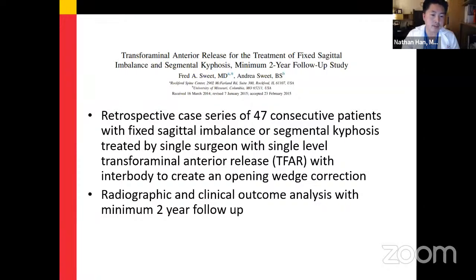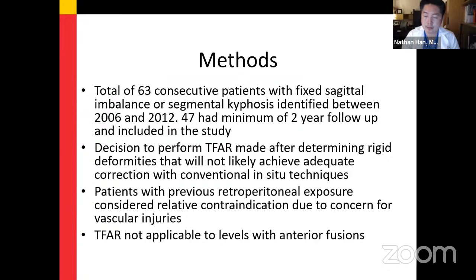And they had a radiographic and clinical follow-up of a minimum of 2 years. And this is the approach that I think one of the participants was describing, using a curette to release the ALL. So a total of 63 consecutive patients were assessed from 2006 to 2012, and 47 of them were included in the study who had a 2-year follow-up.